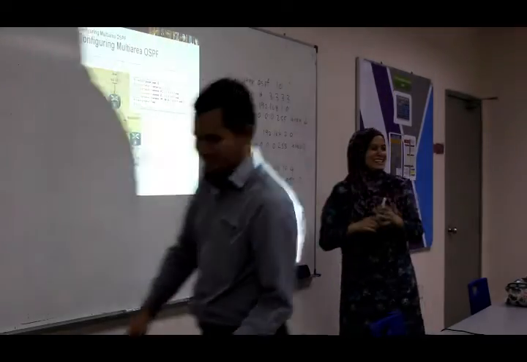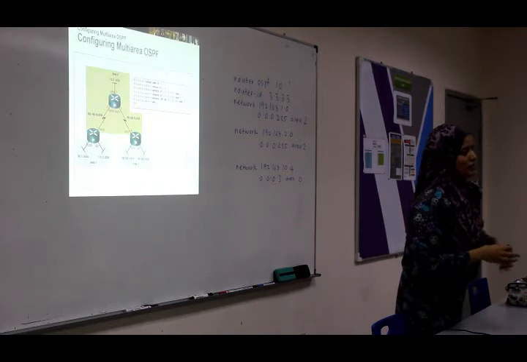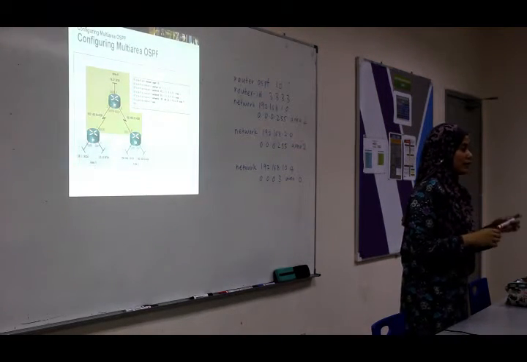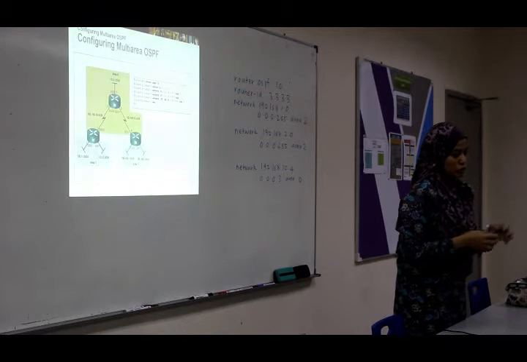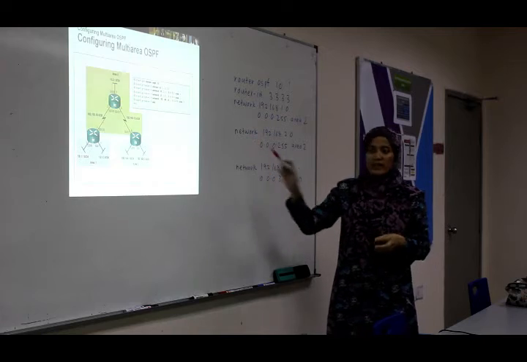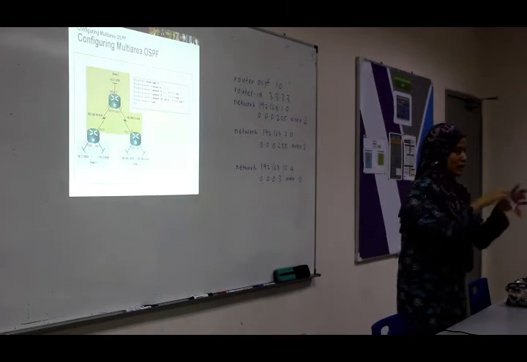Thank you. Alright, so I have already given you the file of the Packet Tracer activity, and you try to do at least router 3 and router 2. So at least you can see it from there.